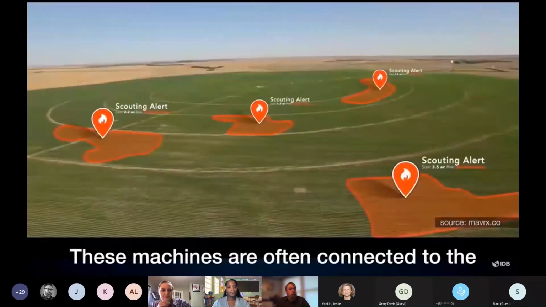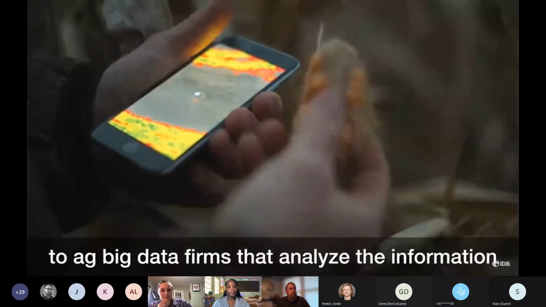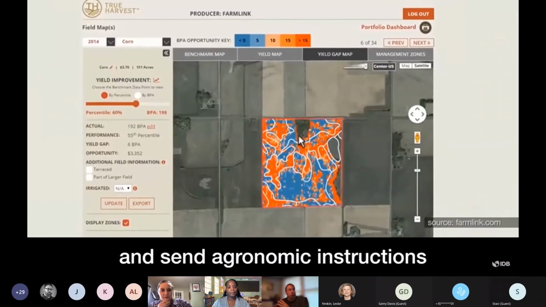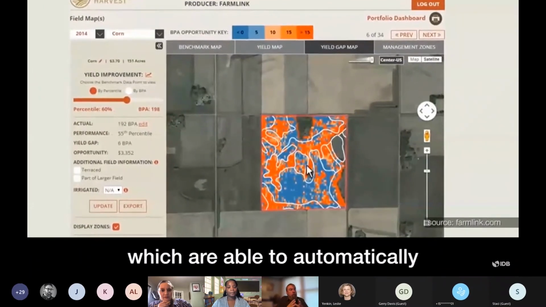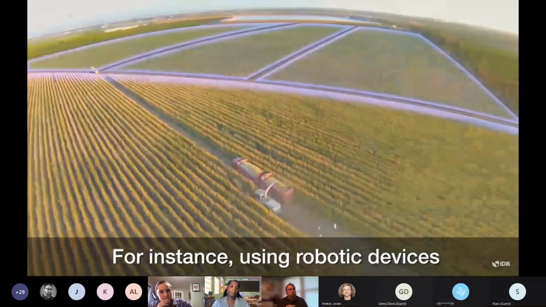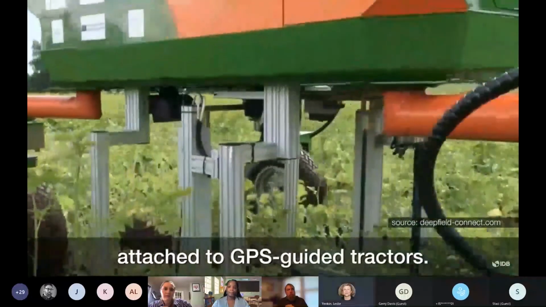These machines are often connected to the internet and send the information automatically to ag big data firms that analyze the information and send agronomic instructions back to the machines, which are able to automatically apply them in the field. For instance, using robotic devices attached to GPS-guided tractors.